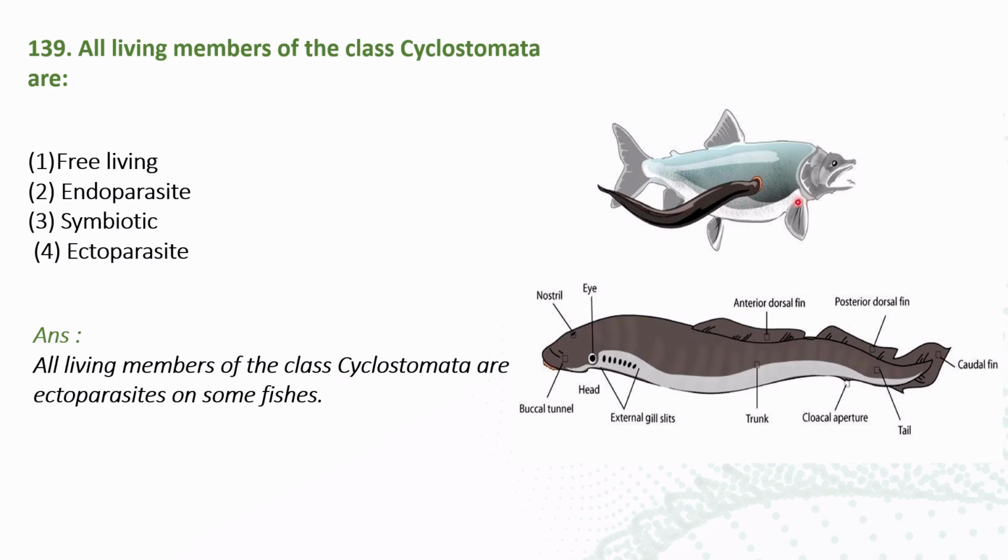A parasite is an organism which depends on another host for its living, and it will affect the host. Like that, this ectoparasite will affect the fishes in some ways. So here the answer is that all the members of Cyclostomata are obviously ectoparasites. Okay, we'll move on to the next question.